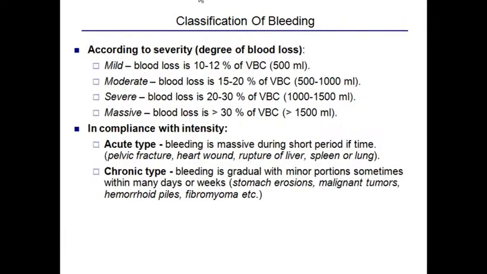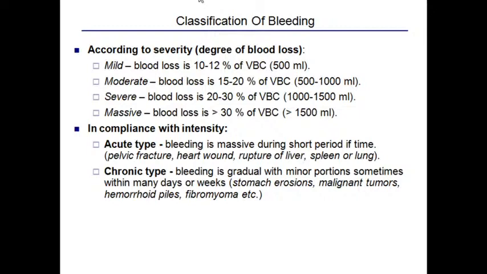According to severity, according to degree of blood loss, we can distinguish the bleeding into 4 degrees. First degree, mild degree, mild blood loss, when the bleeding is from 10 to 12% of volume of blood circulation, approximately 500 milliliters.